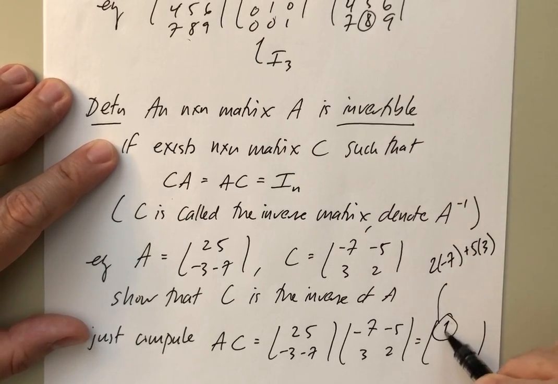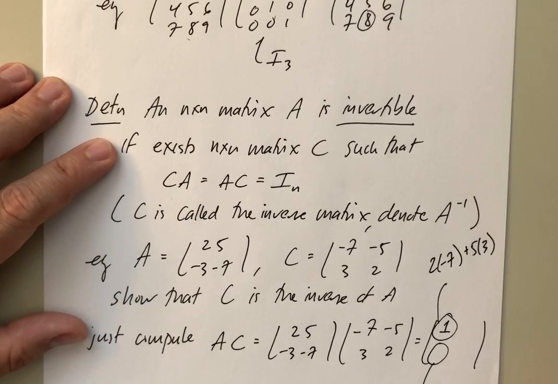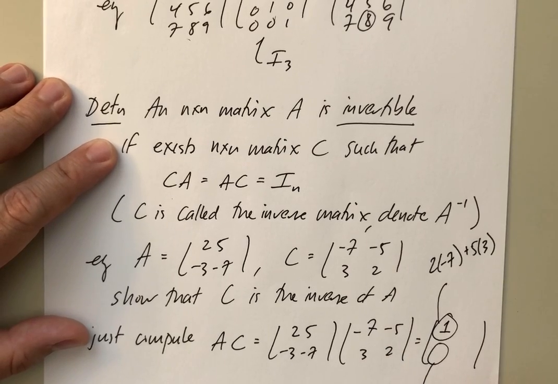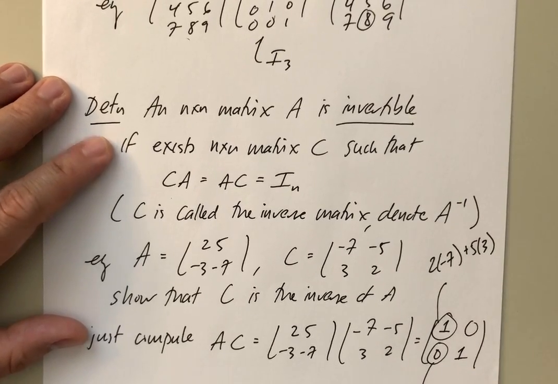What is that? That's a 1. Maybe I'll just do this entry here. This is going to be, right now I use the second row, first column. So this is minus 3 times minus 7 plus minus 7 times 3, which is 21 plus minus 21, that's a 0. And you can check that that's 1 and that's 0 as well.